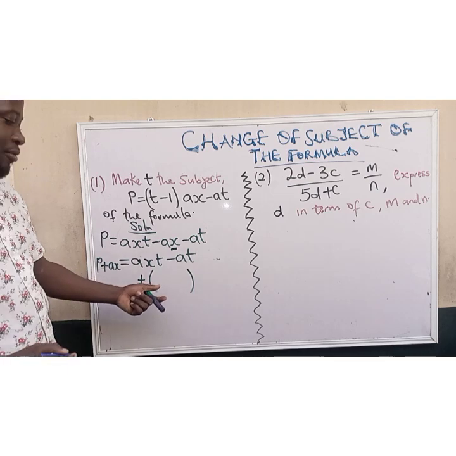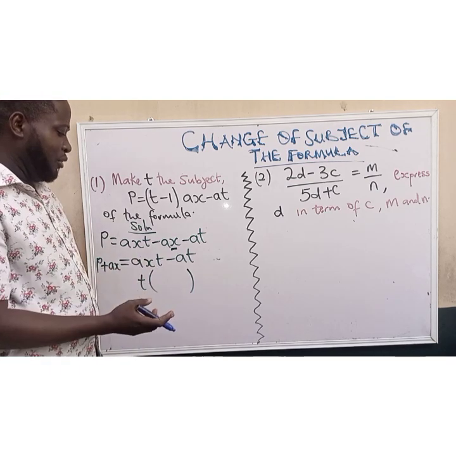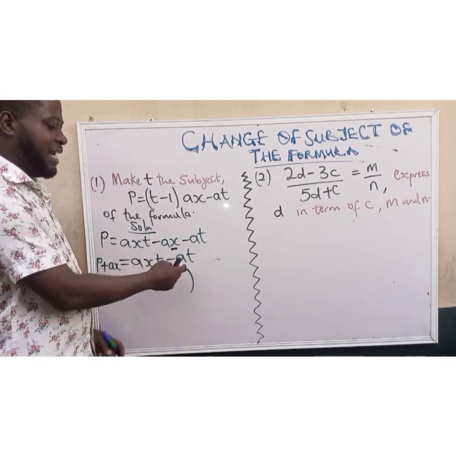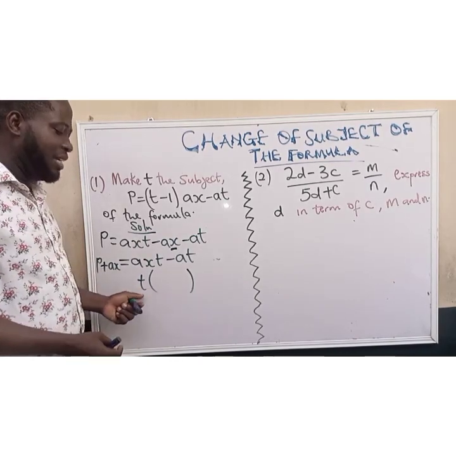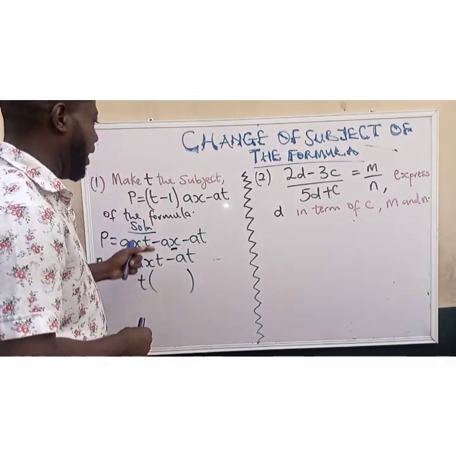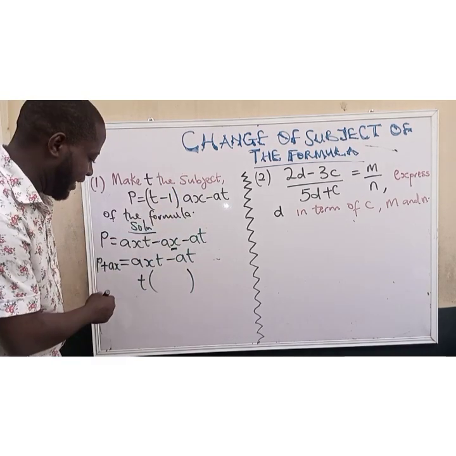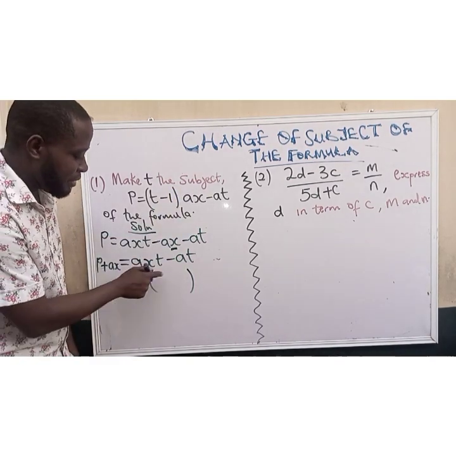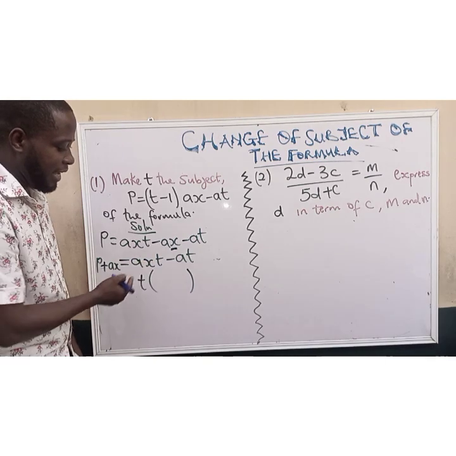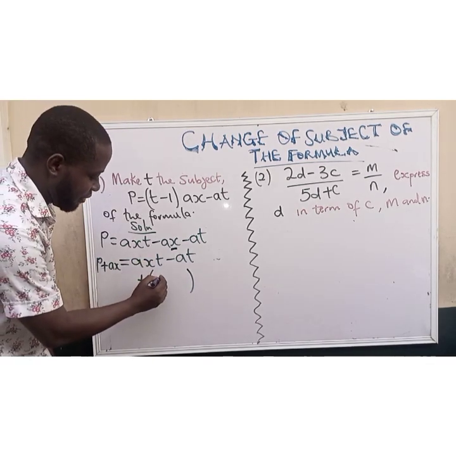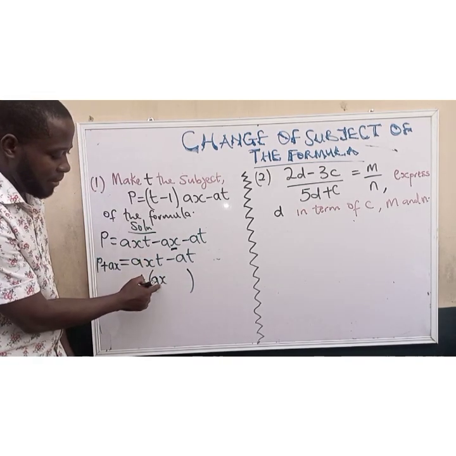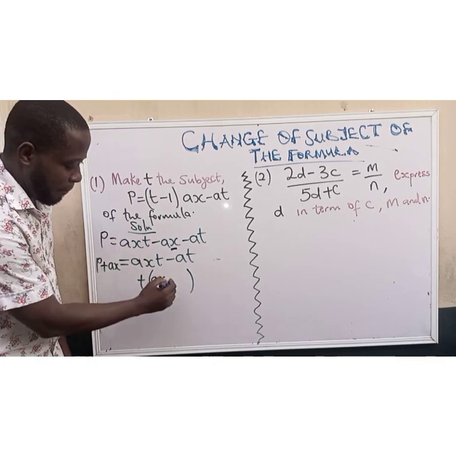But you have to be very careful. You notice that a and t are common, but we are making use of t because t is the required subject. So in that case we say t multiplied by what is going to give us axt, and that is going to give us ax. t multiplied by ax will give us axt.